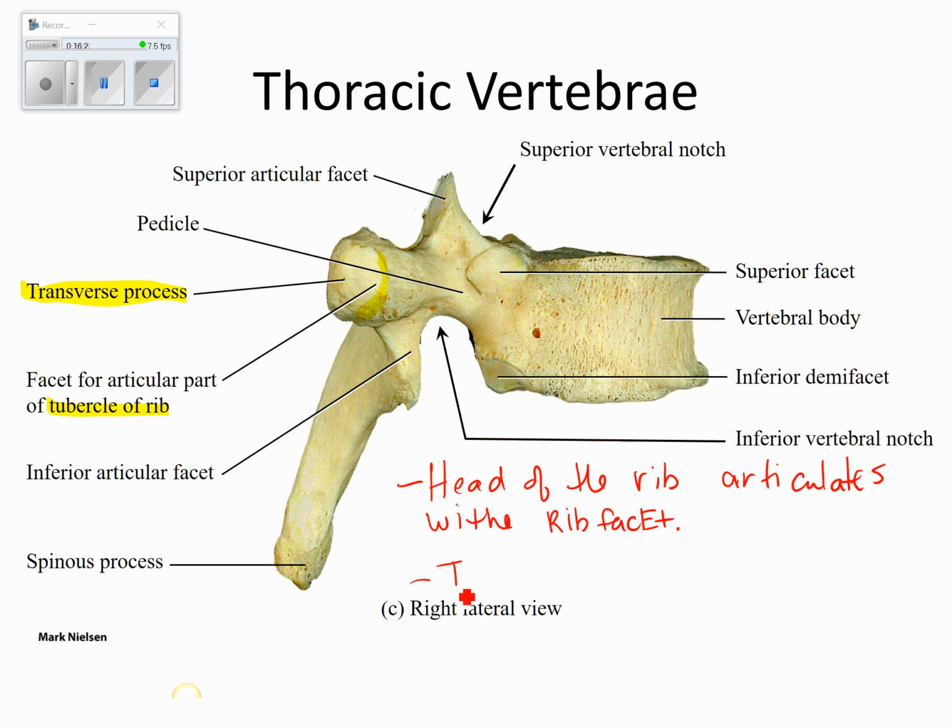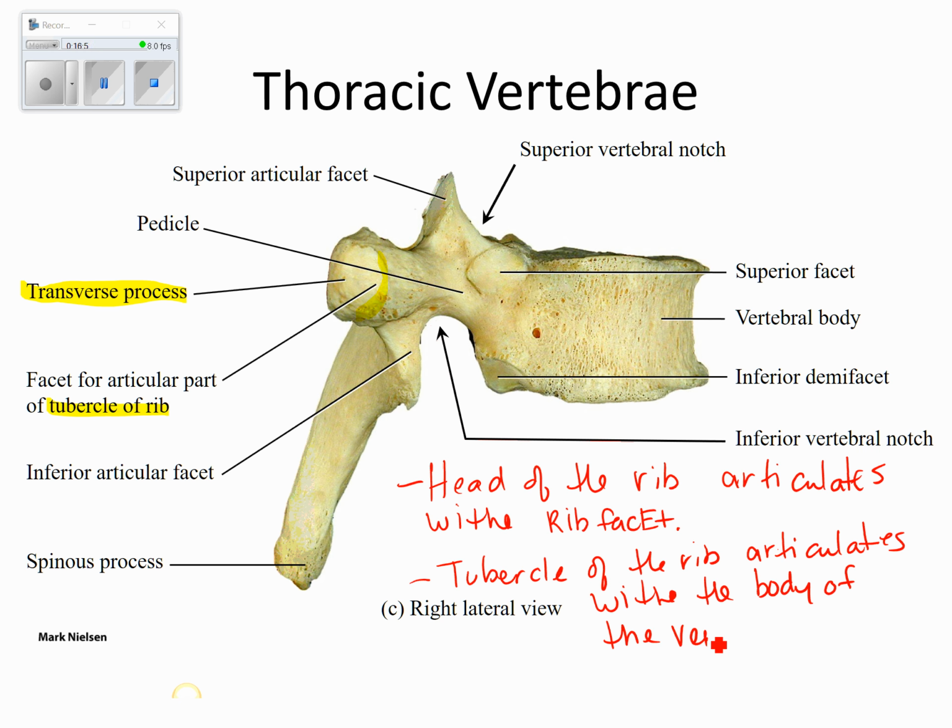And then the tubercle portion of the rib is going to articulate with the body of the vertebra. And the body of the vertebra portion would be right here, the superior facet here.